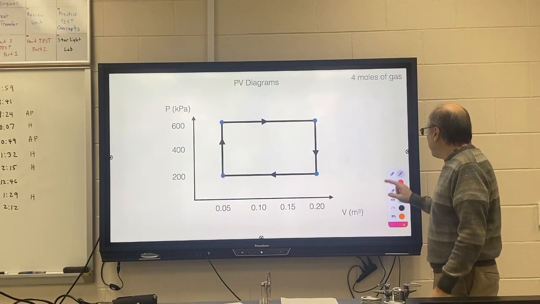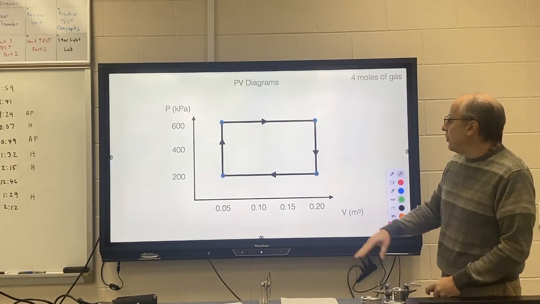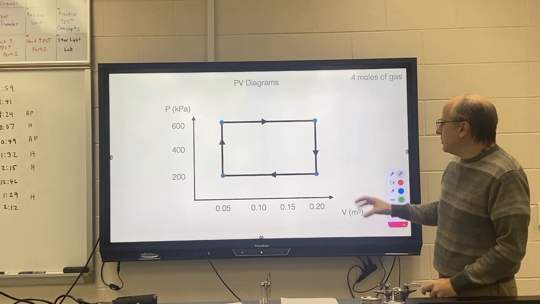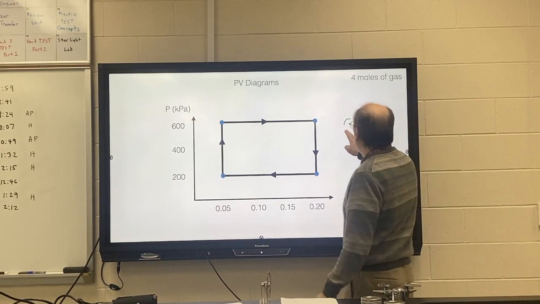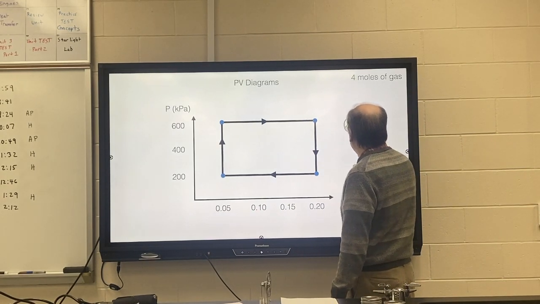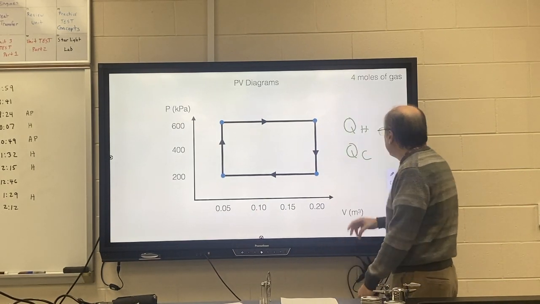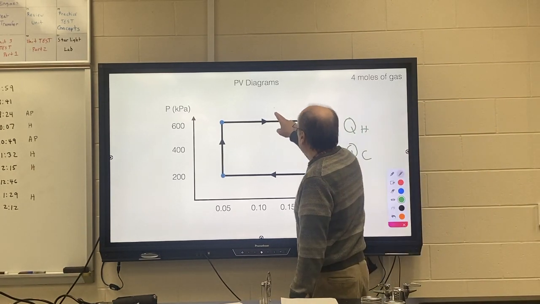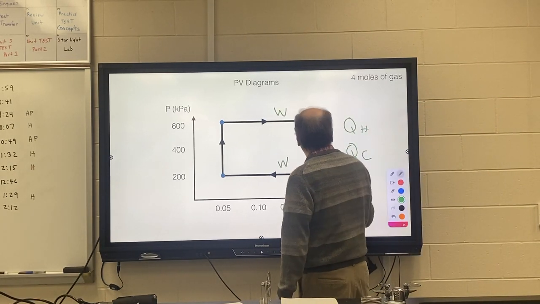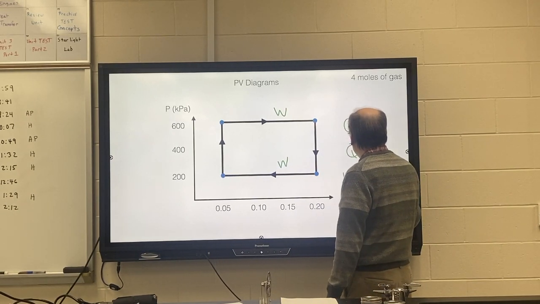Okay, sometimes you will have a complete cycle and you want to find all of your things for the entire cycle. Then you take all of the heats that go in, they would be your QHs. All the heats that come out, they would be your QCs. You take the work that comes out and the work that goes in, and you find your net work.